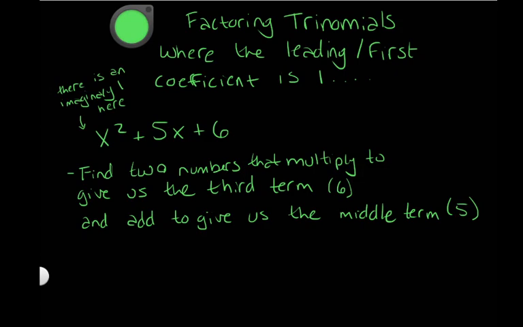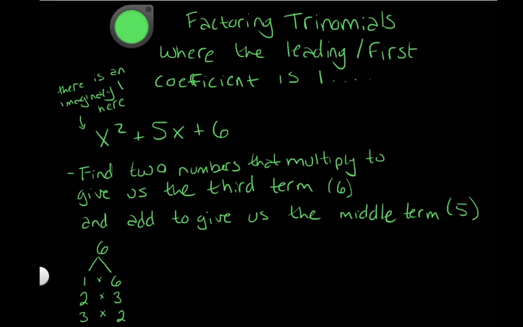Well, let's think about what numbers multiply to give us 6. So if we think about 6 here, 1 times 6 is 6. 2 times 3 is 6. 3 times 2 is 6.